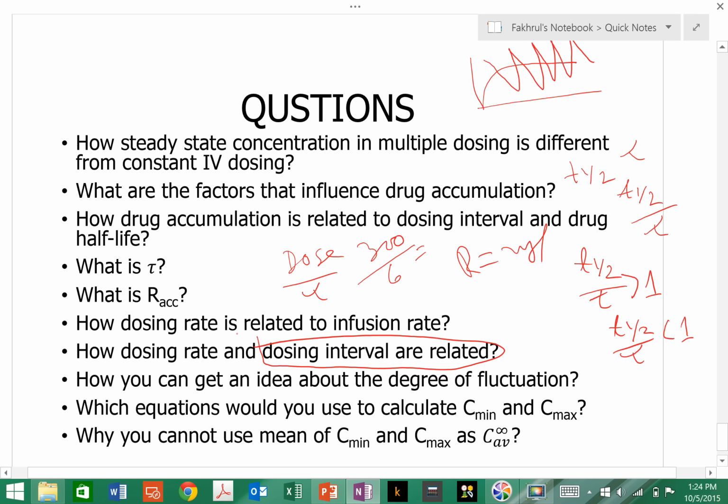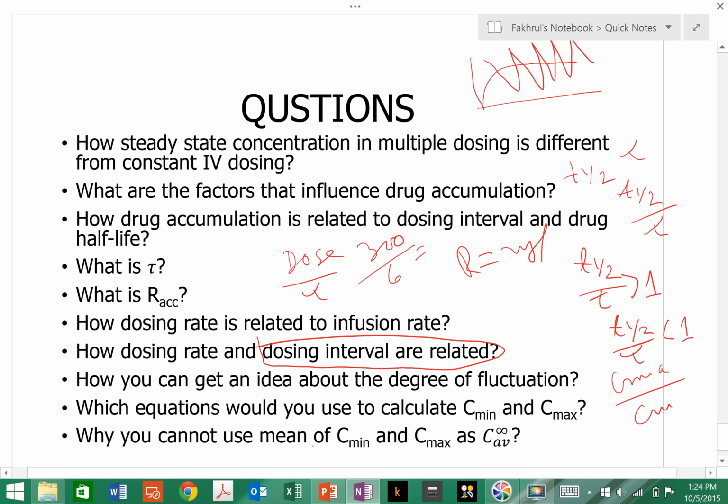How can you get an idea about the degree of fluctuation? If you take Cmax by Cmin, the ratio of Cmax and Cmin gives you an idea about the degree of fluctuation. Which equation would you use to calculate Cmax and Cmin? There are two equations. One, if you know RSS, another you can use the elimination rate constant and tau.